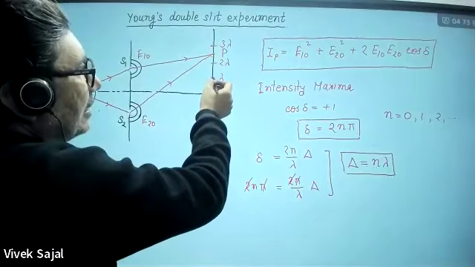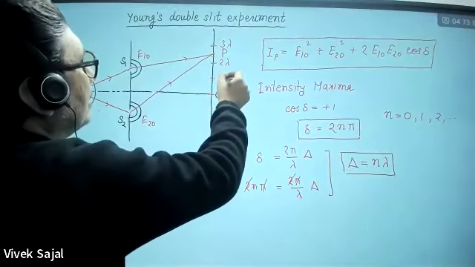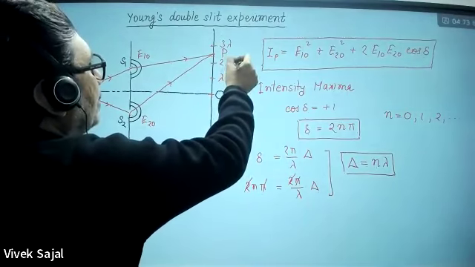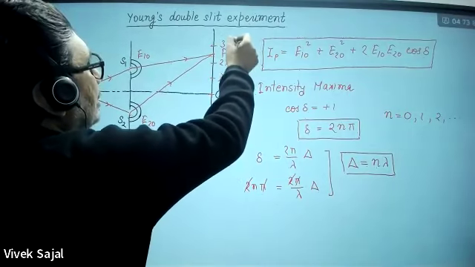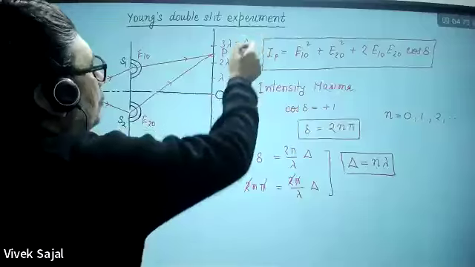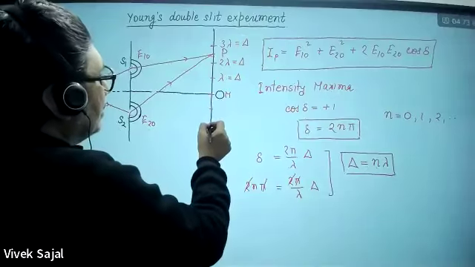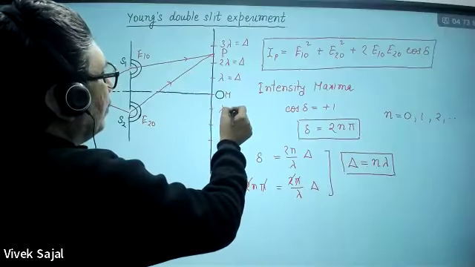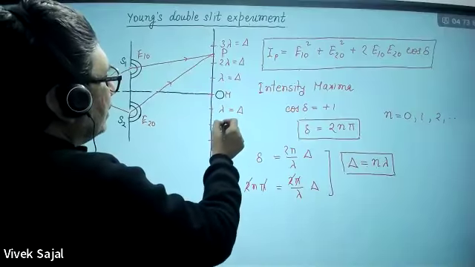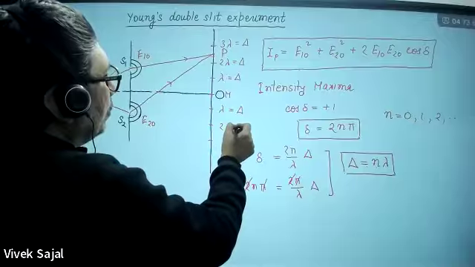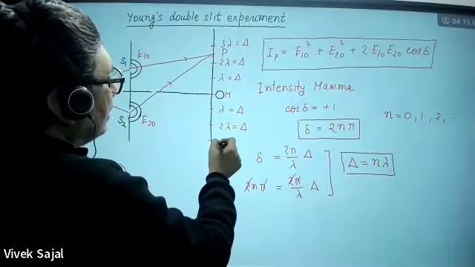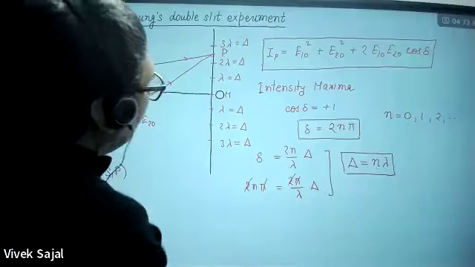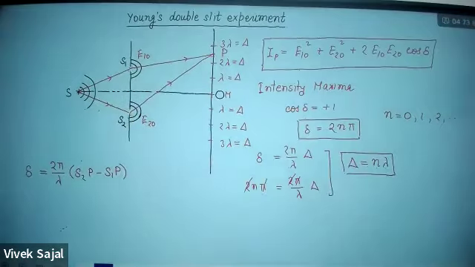I'm not saying this distance is lambda; I'm saying these are path differences. So wherever path difference is 0, lambda, 2 lambda, 3 lambda, you get the maxima. These are the positions where you will get a maxima, and I will plot them.